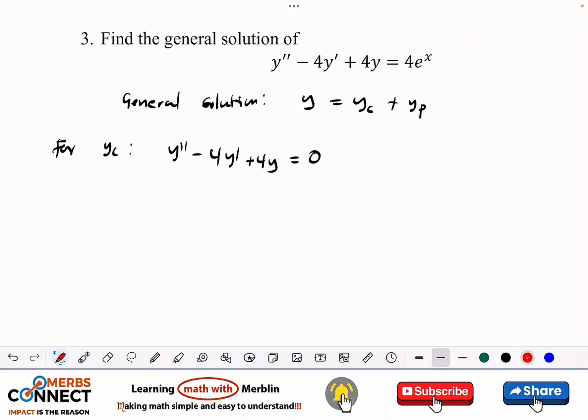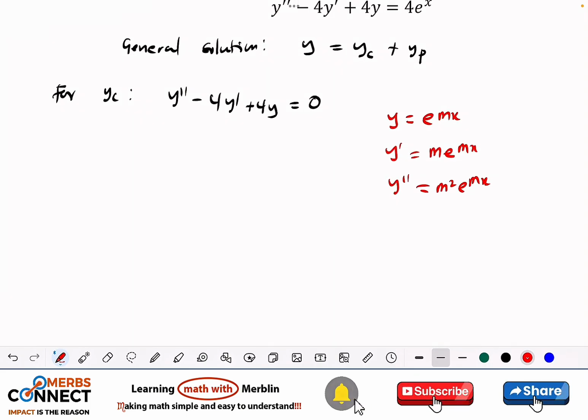So let's do the same thing again. We know this already, which is nice. And then y prime prime is equal to m squared e to the power mx. So let's do substitution. M squared e to the power mx minus 4m e to the power mx plus 4 e to the power mx is equal to 0.